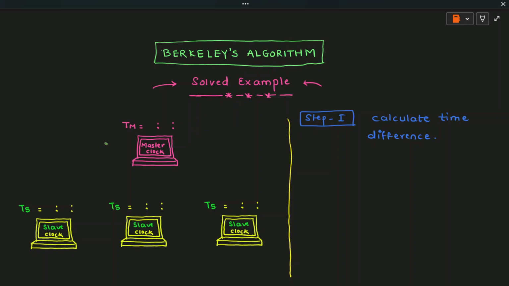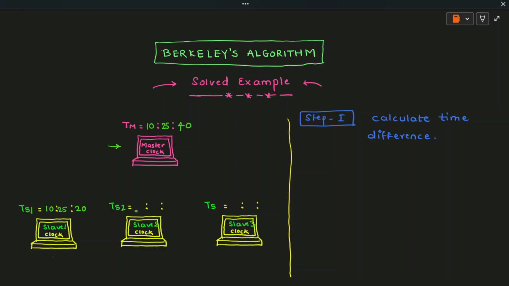In this scenario, we will have one master and three slaves, that is slave 1, slave 2 and slave 3. So three slaves in total. Now the master is showing time as 10 hours 25 minutes 40 seconds and slave 1 is showing time equal to 10 hours 25 minutes 20 seconds.